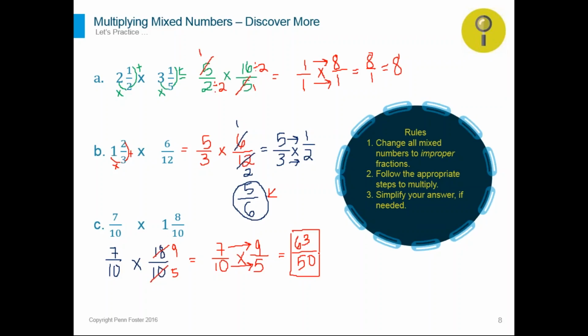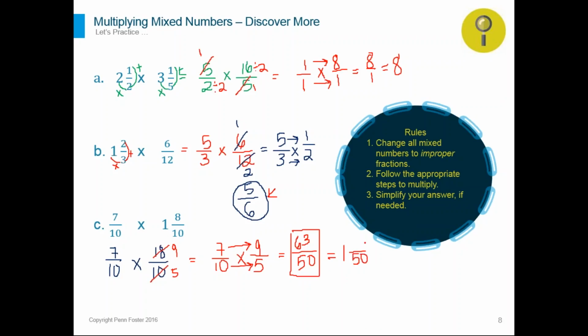How are you going to do that? You're going to divide the top number, 63, over 50 and hit equal. And that will give you 1 and some decimals. Take the 1 and ignore the decimals. So the 1 will be the whole number part of your mixed number. And then the 50 will stay.